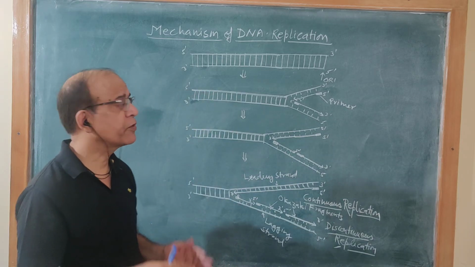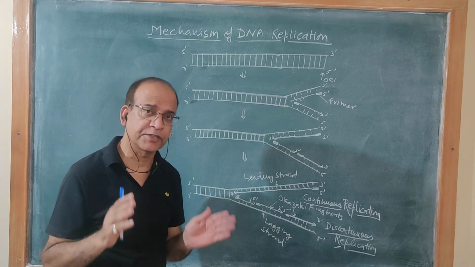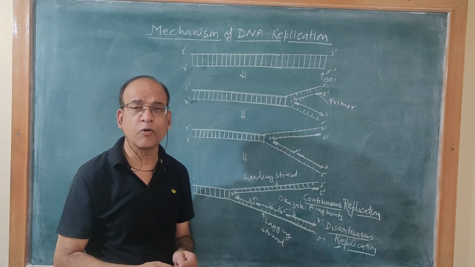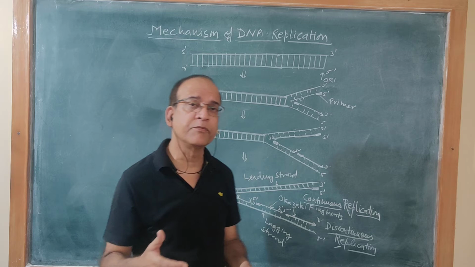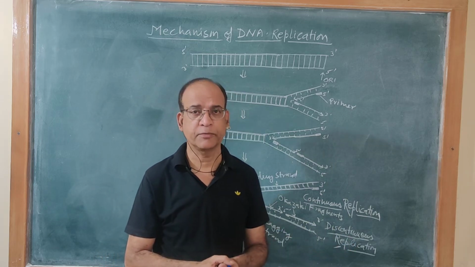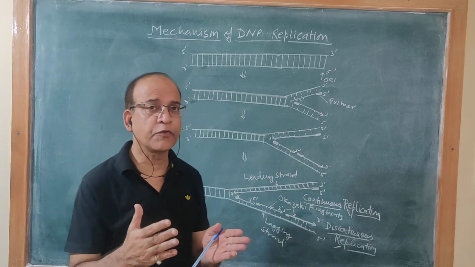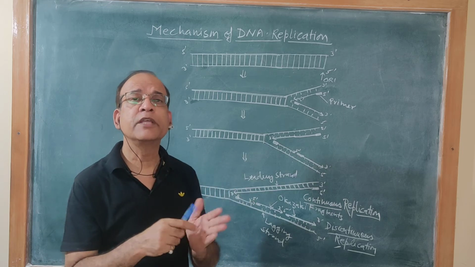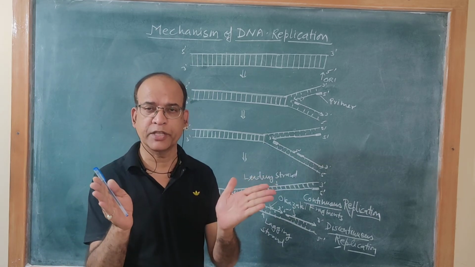When the process of DNA replication starts, it is a very complicated process and requires more than a dozen enzymes. The two strands of DNA, which remain wound up, start separating from each other.